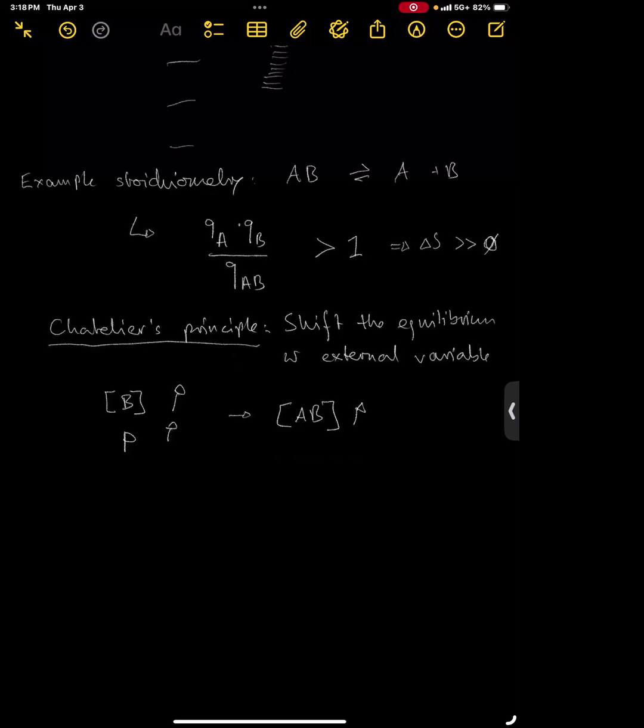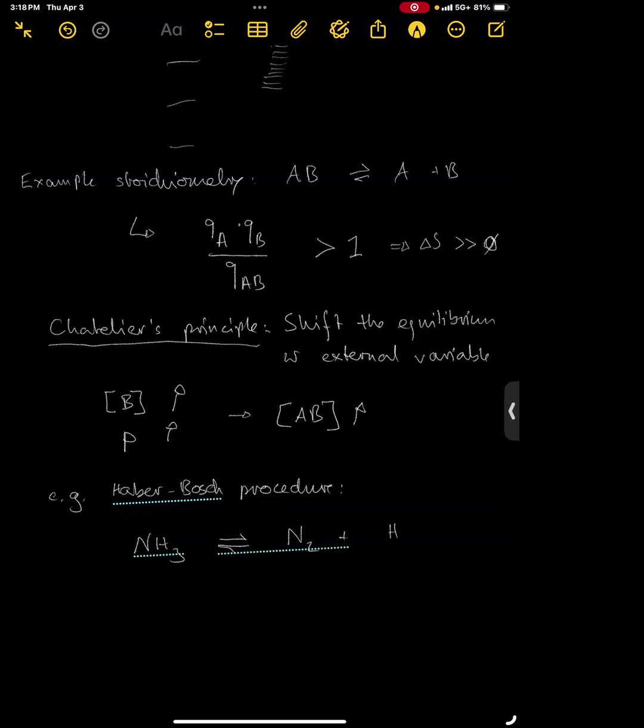An example for such a system could be the Haber-Bosch procedure, where we would like to create ammonia from N2 and H2.